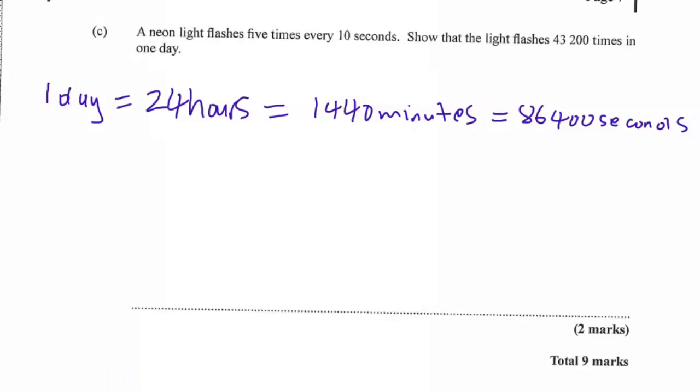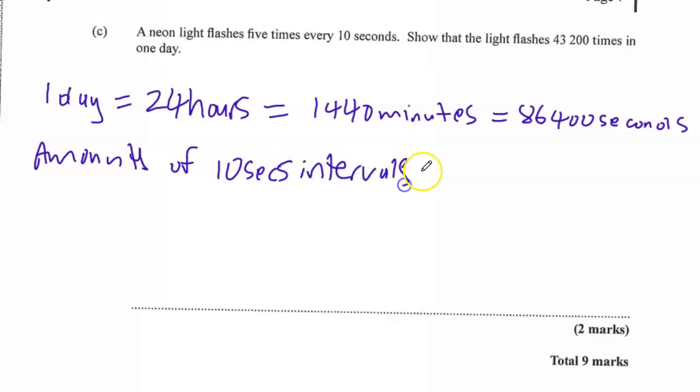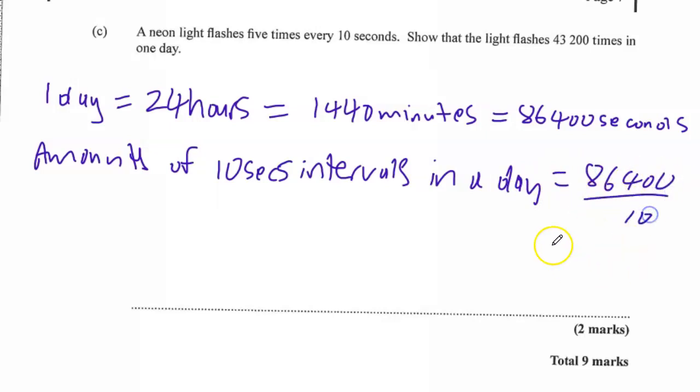So now we want to find the amount of 10 seconds intervals in a day. That would be 86,400, that's the amount of seconds, right? Divided by 10, which is 8,640.